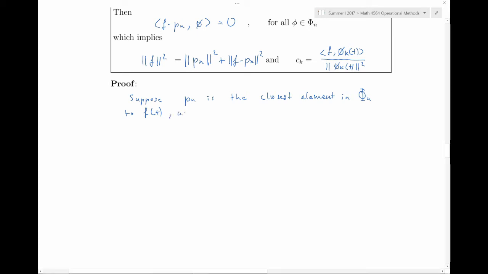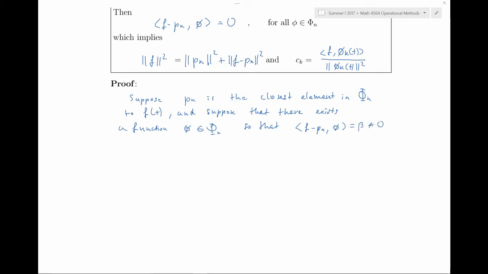Suppose the inner product of f minus P_n and phi is non-zero, which means it equals some number beta, and that beta is not zero.